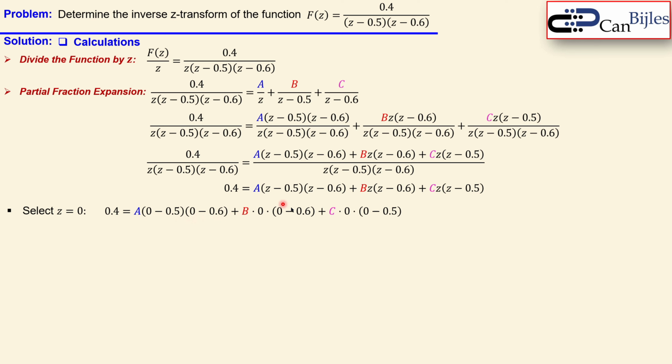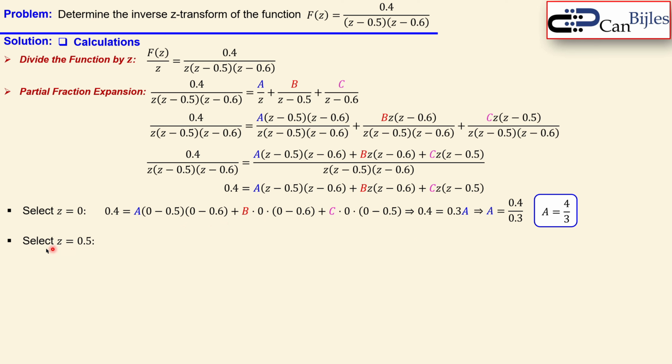Just substitute here z equal to 0. This will be 0, this will be 0, as shown here in detail. So we get 0.4 is equal to minus 0.5 times minus 0.6, which is 0.3. So you get a equal to 0.4 over 0.3, which is equal to 4 over 3, exact.